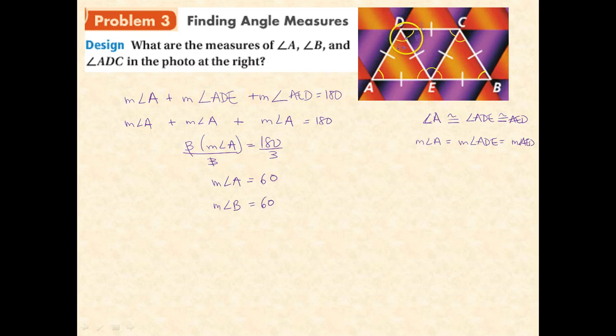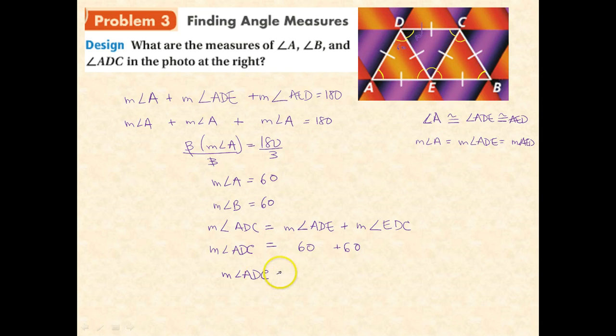So if this one's 60 and this one's 60, then the angle addition postulate says that the measure of angle ADC is the measure of angle ADE plus the measure of angle EDC. And both of those equal 60. So that means that the measure of angle ADC has to be 120.